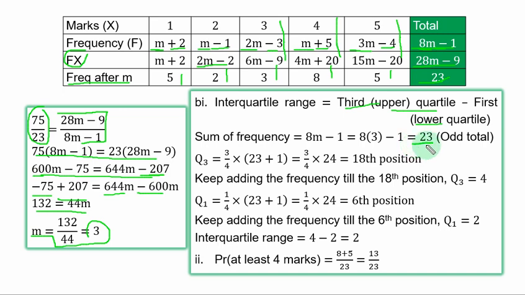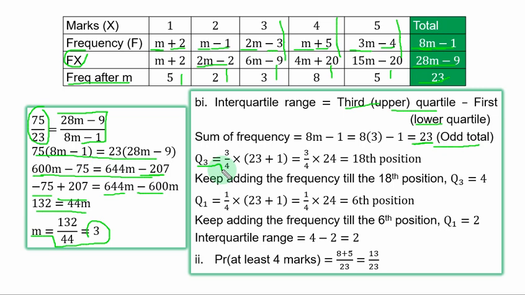This 23 is an odd total. You can work with it, or if you desire to have an even total, you simply add 1 to 23, it becomes 24. So the third quartile, denoted by Q3, is 3 over 4 times the entire distribution.